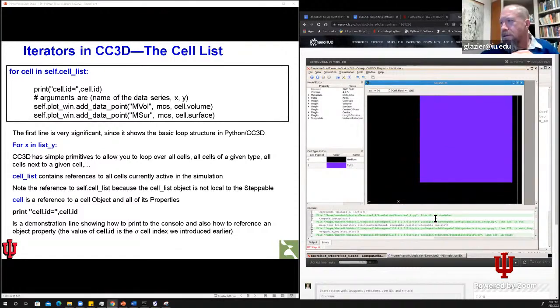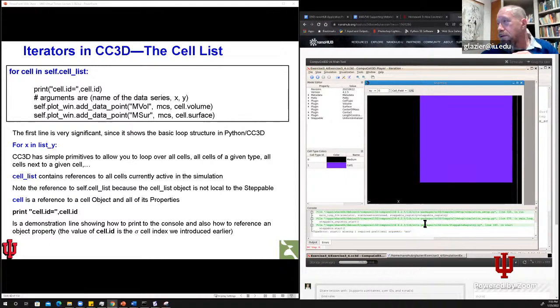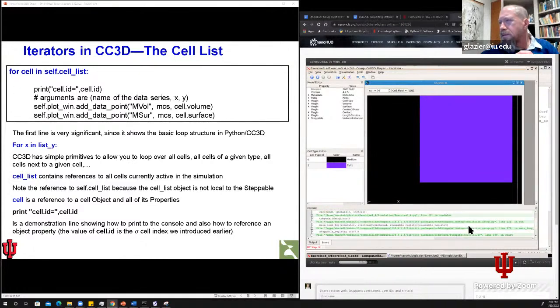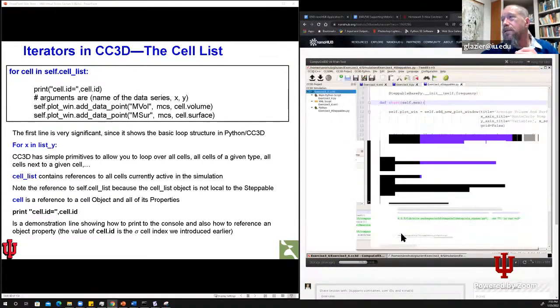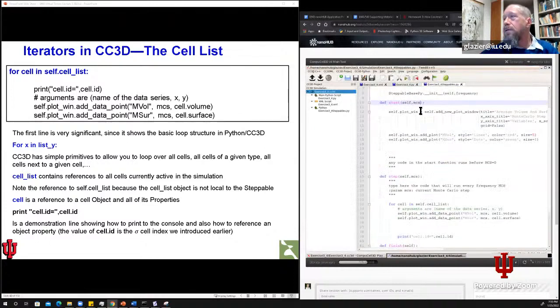All right, so let's see. Boy, I'm not doing too well tonight on the fly here. Line 140. Steppables start missing one positional argument, MCS. Oh, because there's no MCS in the start function. That's my mistake. Okay.